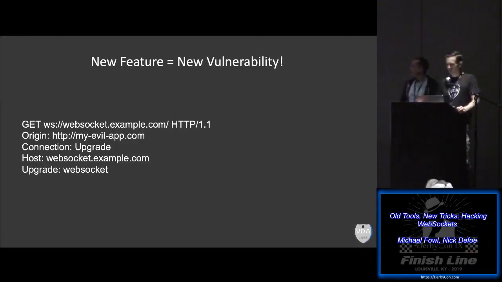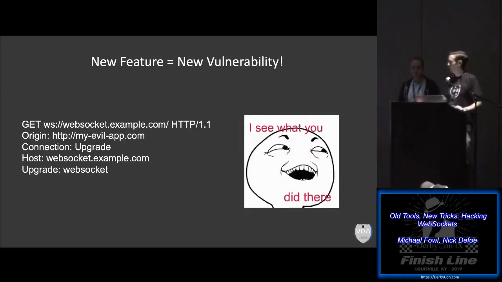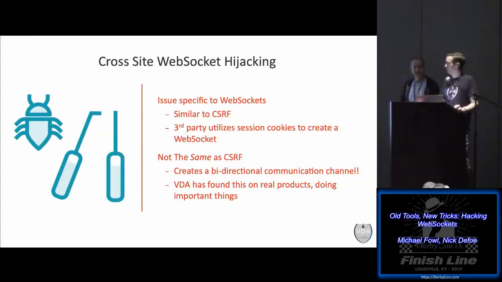Just briefly, when a new feature like a WebSocket comes out, invariably there's going to be some sort of vulnerability discovered. In this case, a new feature resulted in a new vulnerability. If you see here, we've got an origin that's different than the actual application. This was discovered after WebSockets came out, a new type of vulnerability called cross-site WebSocket hijacking.